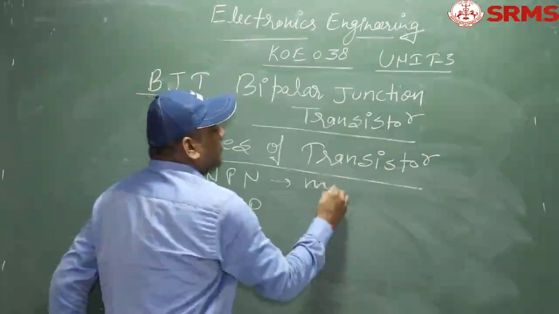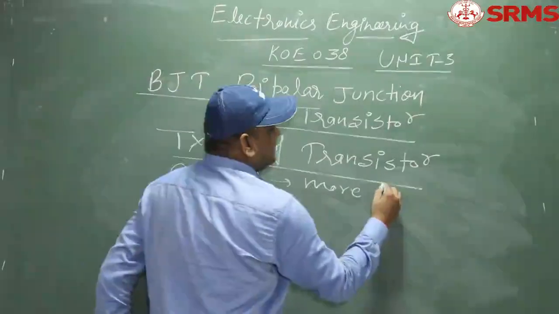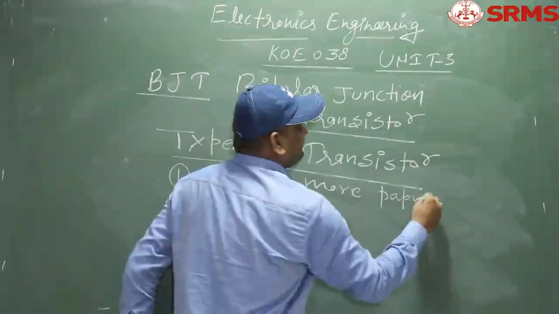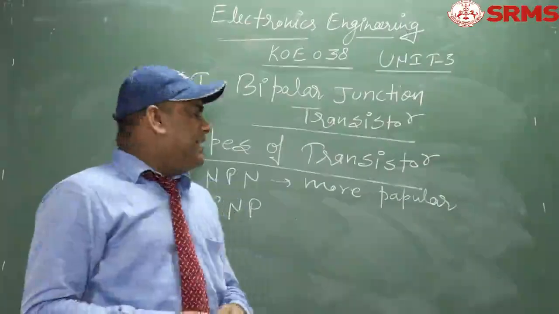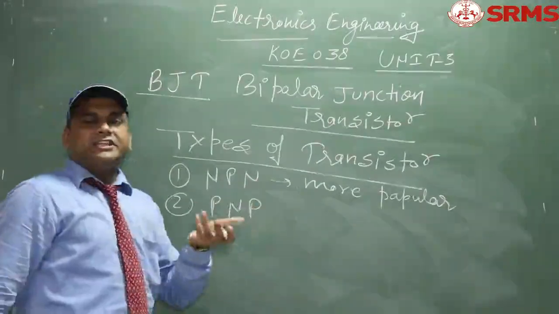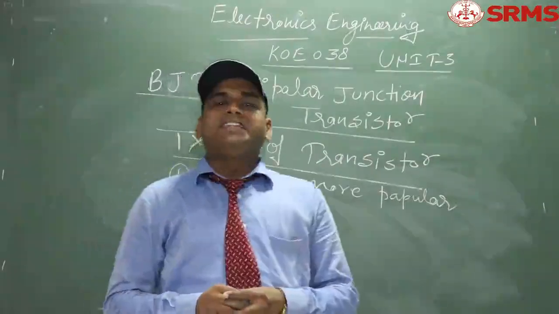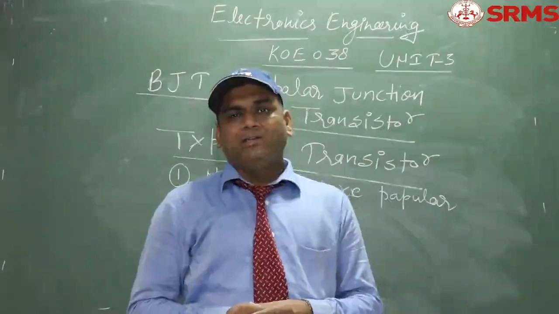NPN is more popular. Why is this transistor more popular compared to the PNP transistor? Because it is well known to all of us that the mobility of electron is much higher compared to the hole.